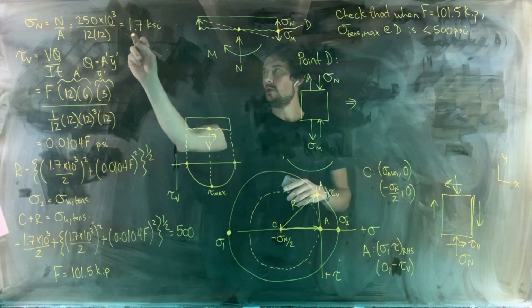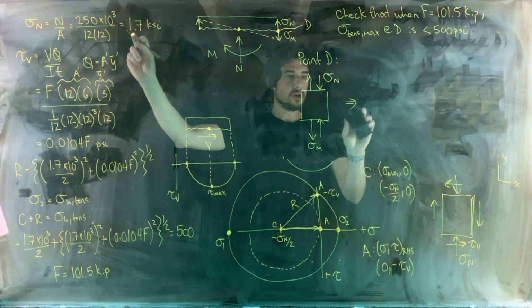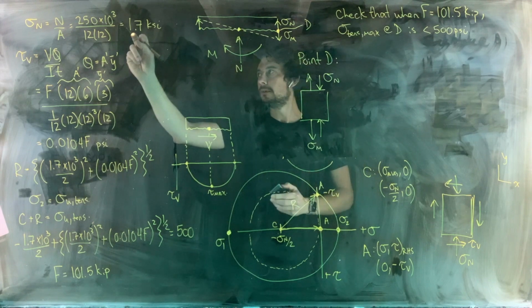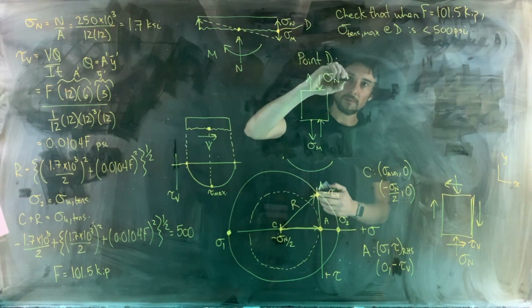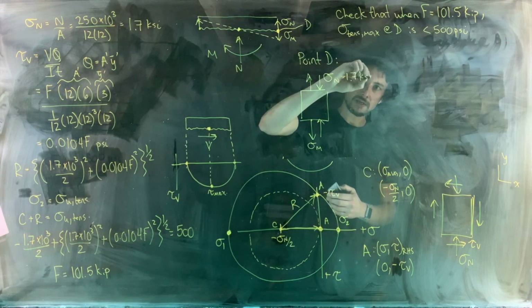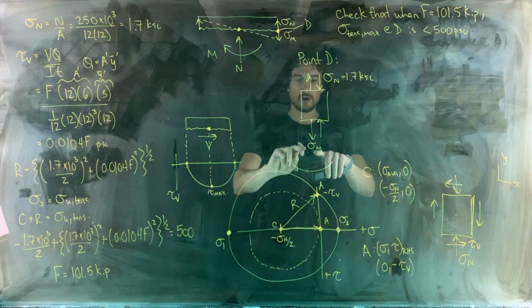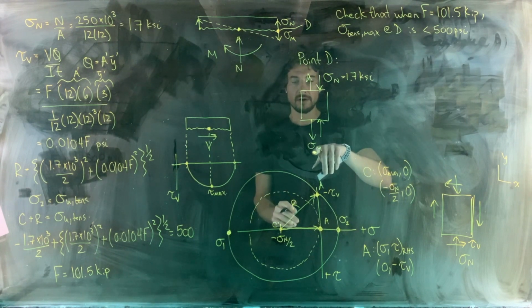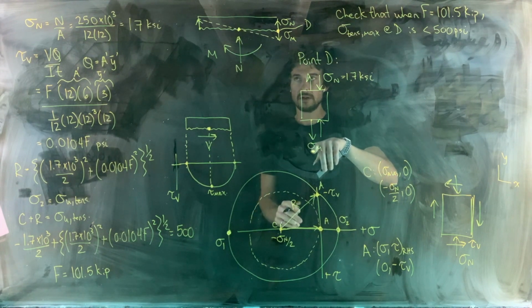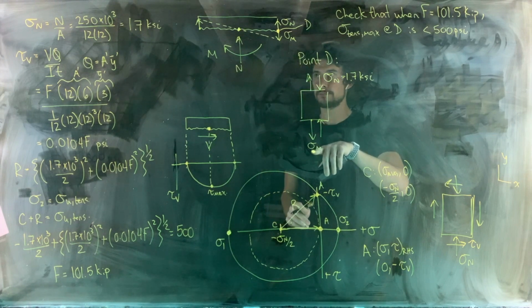And we know what the compressive normal stress due to the normal force is. It's 1.7 ksi, right? So what we're interested in is what is the value of the largest tensile stress due to bending.